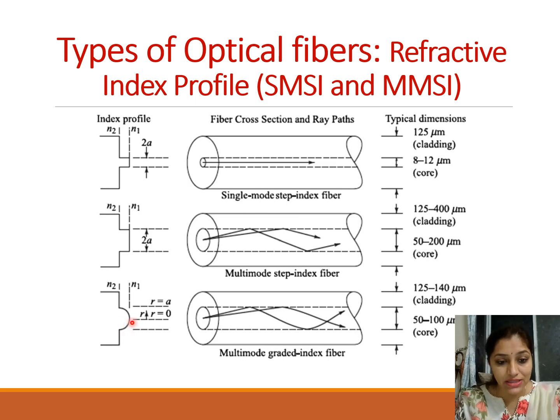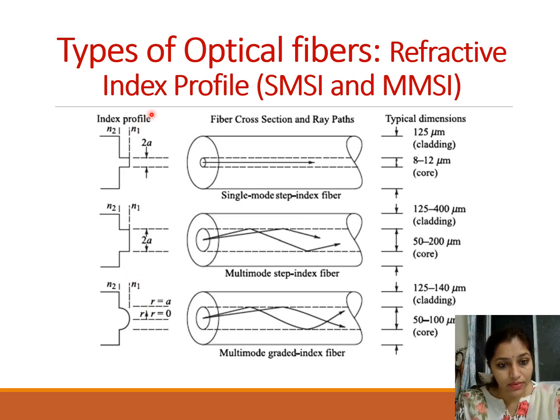It is maximum at the axis of the fiber, or at the center it is maximum, and then it reduces gradually towards the cladding. Here 2a indicates the diameter of the fiber, and a is the radius of the fiber.